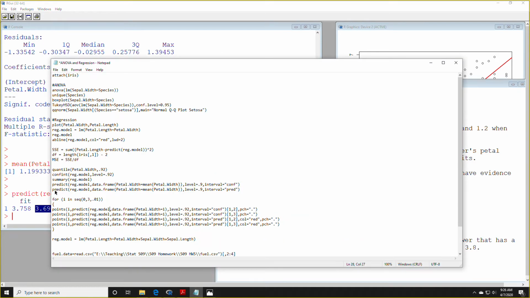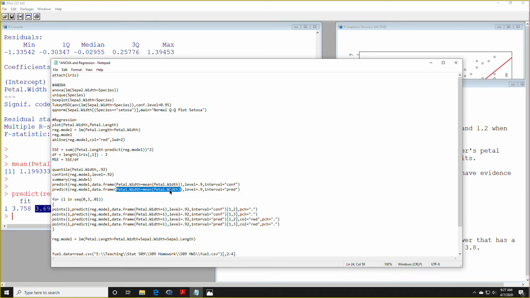Okay, the other interval, the prediction interval. Again, I want to do a 90% prediction interval, and because it's a prediction interval, it is for a single new observation. Okay, a 90% prediction interval for the petal length of a single flower, right? Just a random flower that has a petal width that is the average petal width.